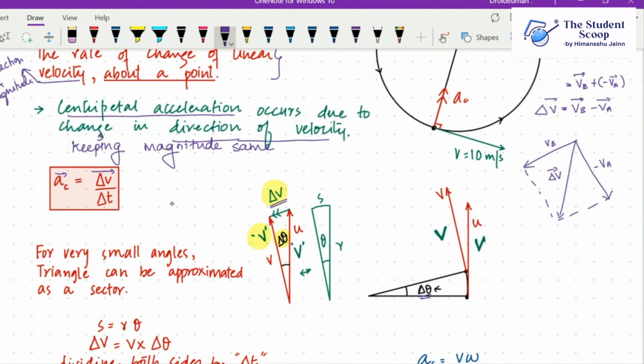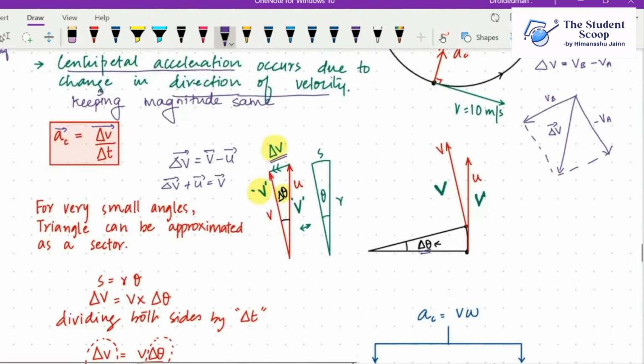If we resolve the vector, this is v minus u. You can use the triangle law, where u and delta v make a triangle and the third side completes the resultant. Using the triangle law and the arc length relationship, we can get a relationship between the change in velocity and angular displacement.